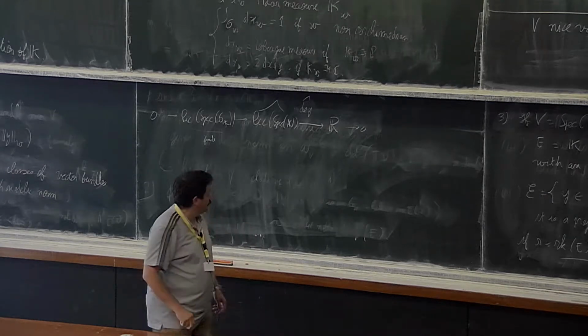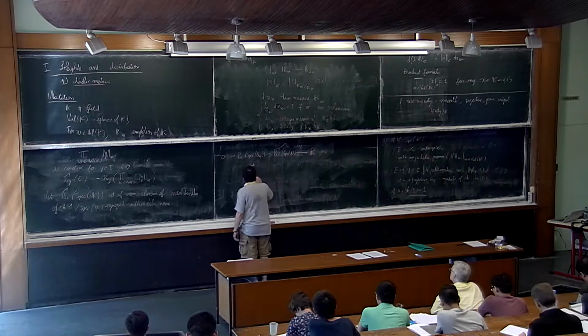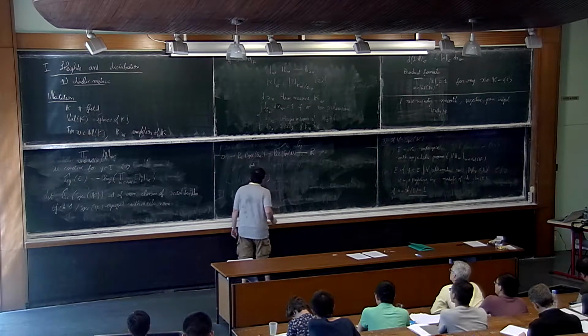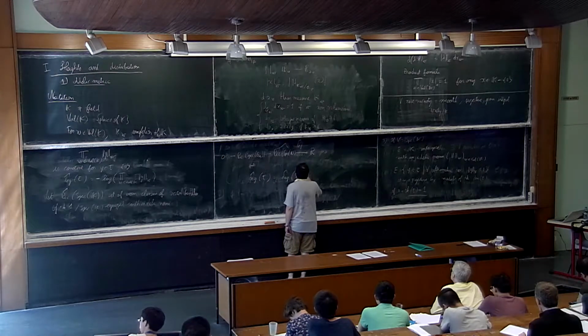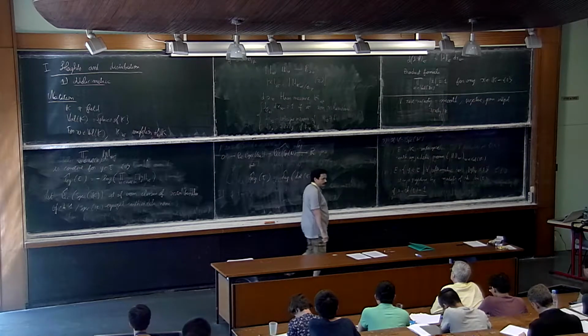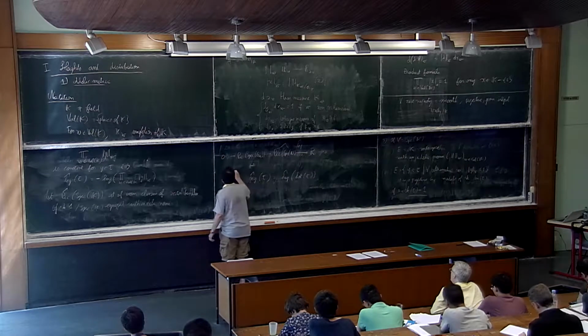So that's it for dimension 1. And in higher dimension, as we have seen, the degree is simply the degree of the determinant of E, for arbitrary dimension.